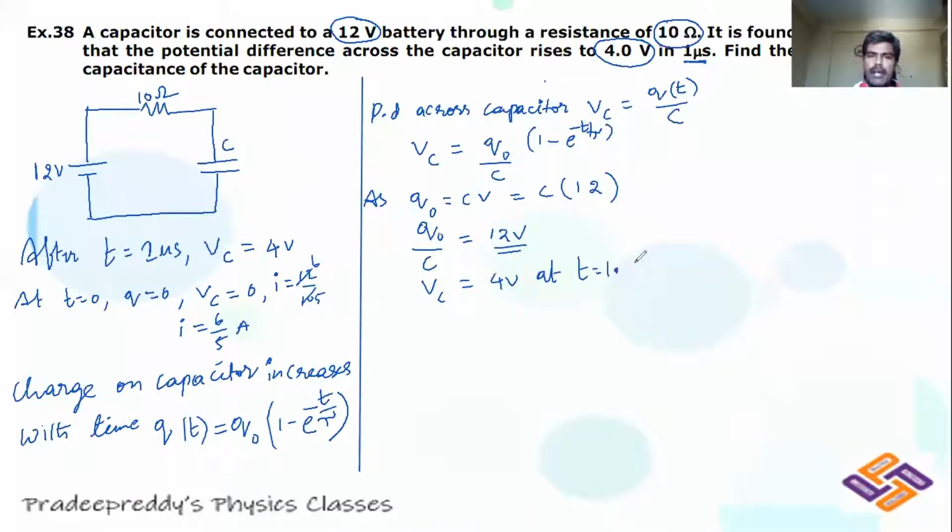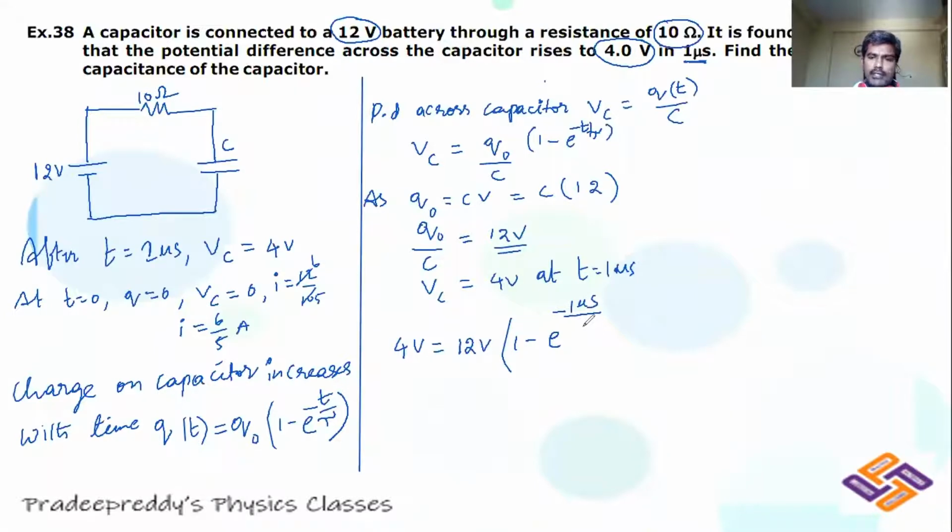I will substitute these values here. Vc is given as 4 volt, which is equal to Q naught by C, the final charge accommodated on the capacitor with respect to this 12 volt battery, so it becomes 12 volt into 1 minus e power minus t, which is 1 microsecond, divided by tau. Tau is equal to CR, right?